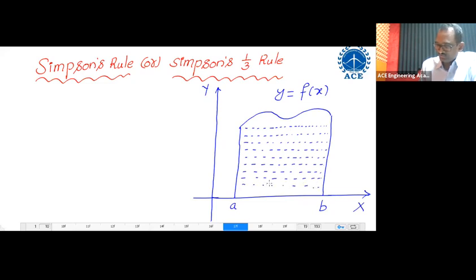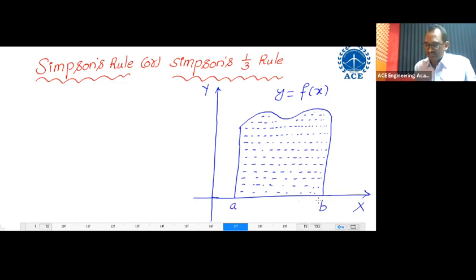If you are unable to find that integral value, then we can use the trapezoidal rule or Simpson's rule.